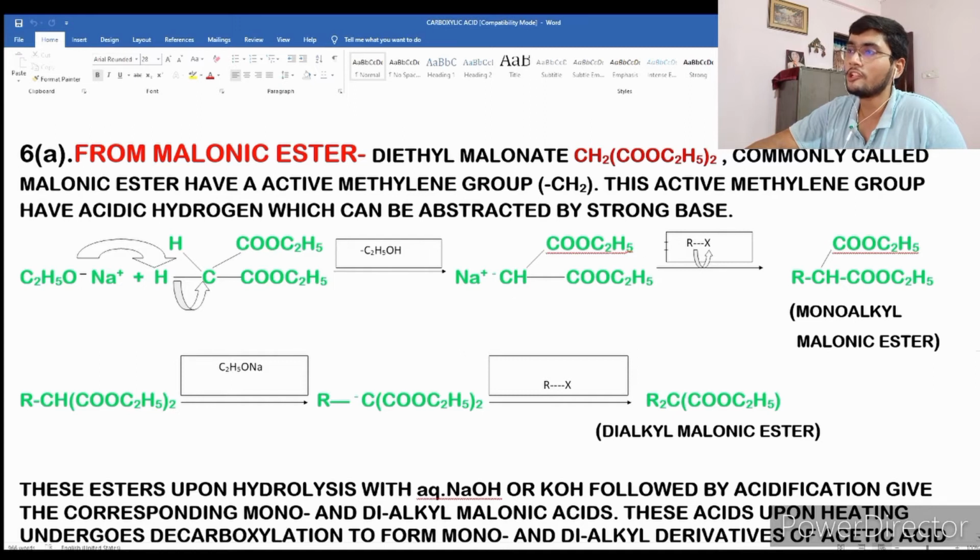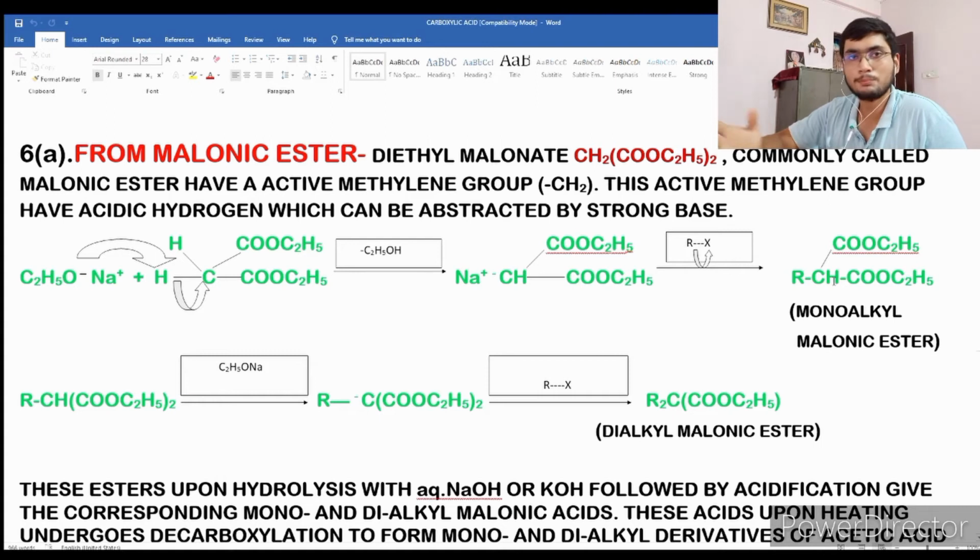Now what will happen if we treat it with an alkyl halide? The X minus will be removed and this R plus will get attached here, and what we get is a monoalkyl malonic ester. So what we have done here is replace one H of the active methylene group with an alkyl group. Now in this monoalkyl malonic ester there is still one acidic hydrogen left.